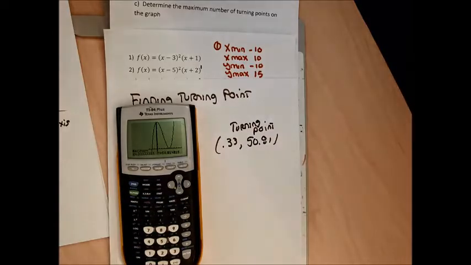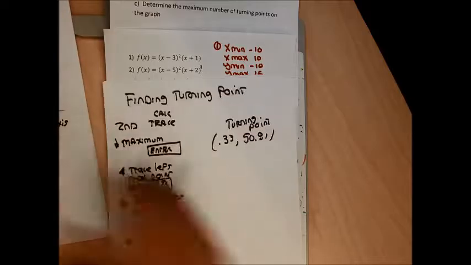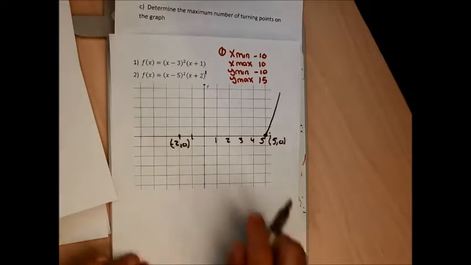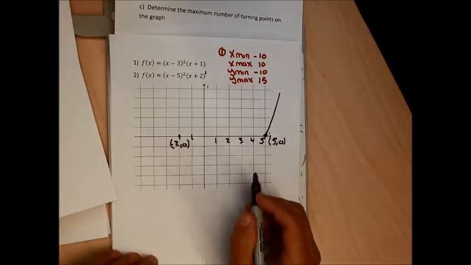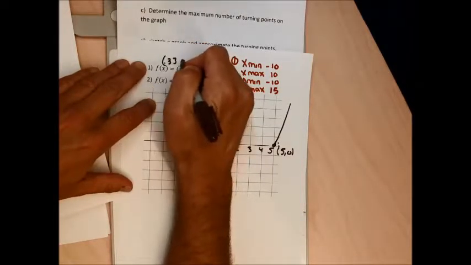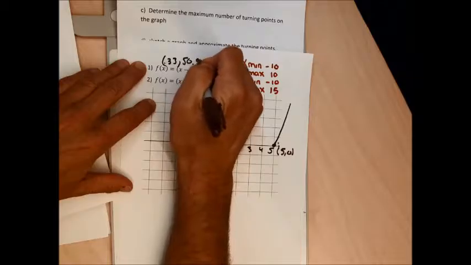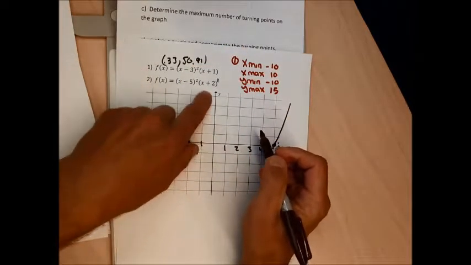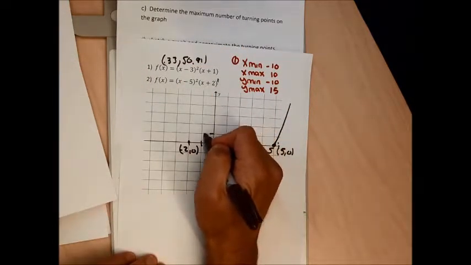I'm going to show that on my graph. So on my graph, I need the point 0.33, 50.81, and to get that point, I need my y-axis to get up to 50. I'm going to increment my y-axis by 10.